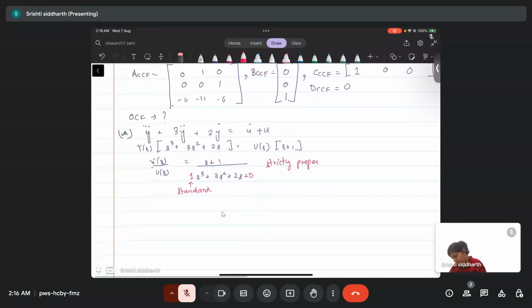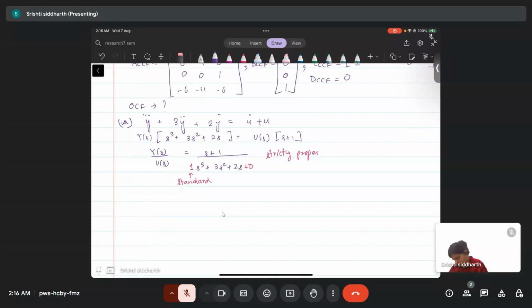Okay. So we have A CCF, a third order system. Then we just have 0, minus 1, minus 3 in the last row. And then we have B CCF. This is simply 0, 0, 1. We know that D CCF is 0. Now let's just look at what C is going to be.